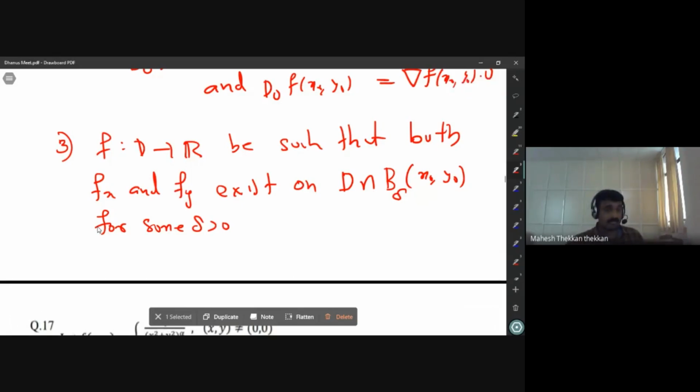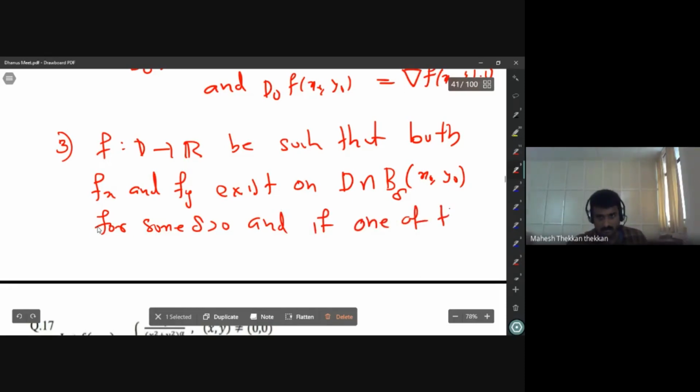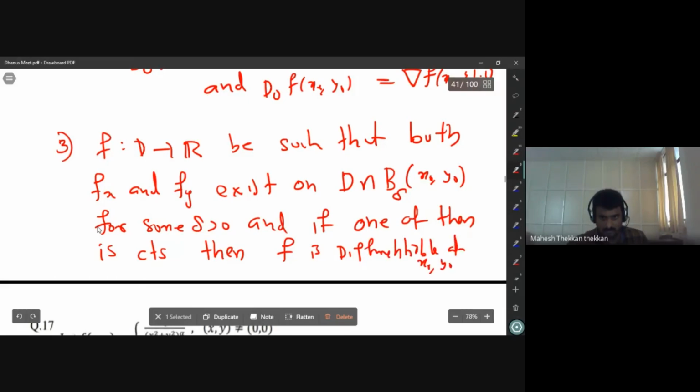And if one of them is continuous, then f is differentiable at x naught, y naught.